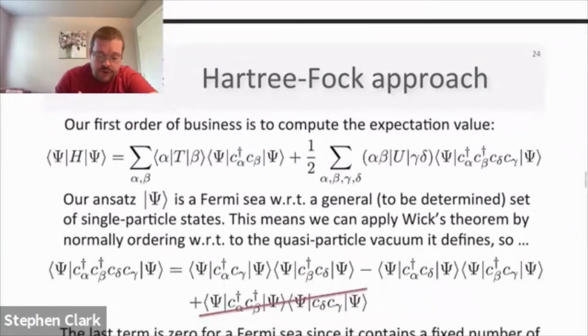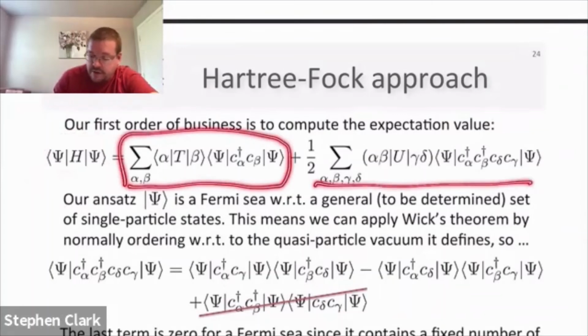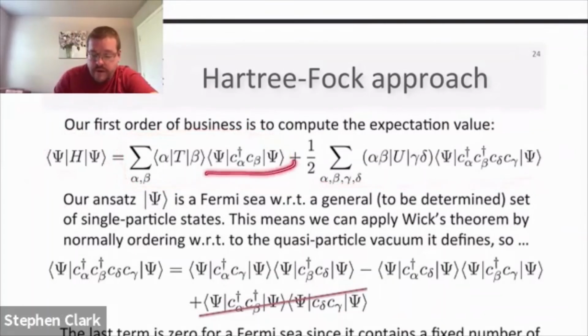So you need to work out this expectation value. And look what we've got. We've got this expectation value, which is a single particle operator. But the problem is we've got this one. And this one is tricky because it's biquadratic. But we can decompose this using Wick's theorem.